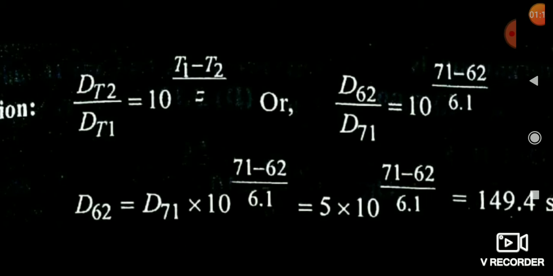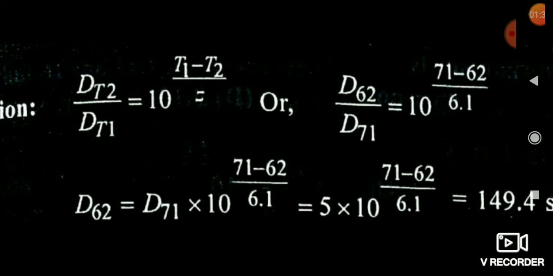Friends, dt1 and dt2, you take care. When I have written dt1 and dt2, you can write t1 minus t2. Means you have to remember these locations: where I am considering the first value, where I am considering the second value. You have to see here, dt2 by dt1 is equal to 10 to the power t1 minus t2.